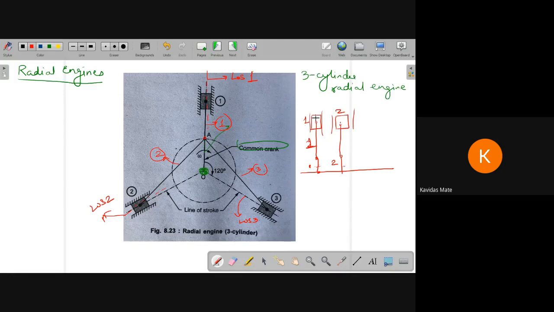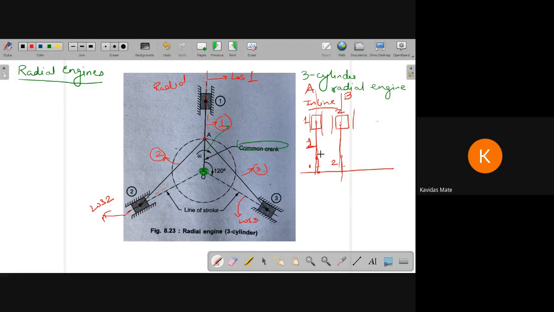If you look at this inline engine and this radial engine, the major difference is that this engine is going to rotate in a particular plane, say plane A. This engine is going to perform its line of stroke, its rotation of the crank will be happening in plane B. Similarly, C, D, and E. So there are different planes in which this inline engine is operating.